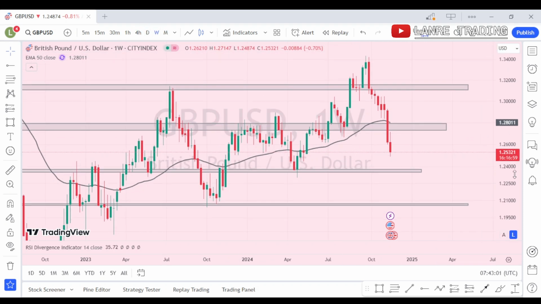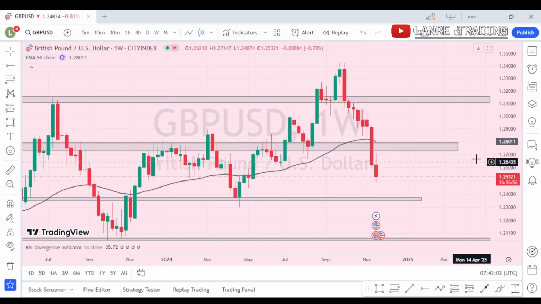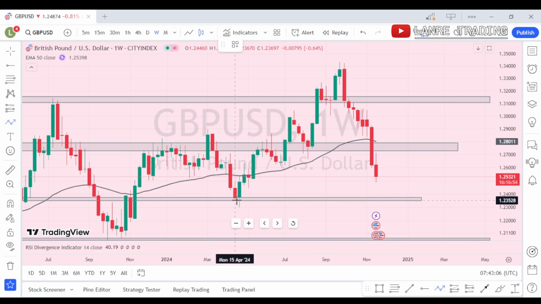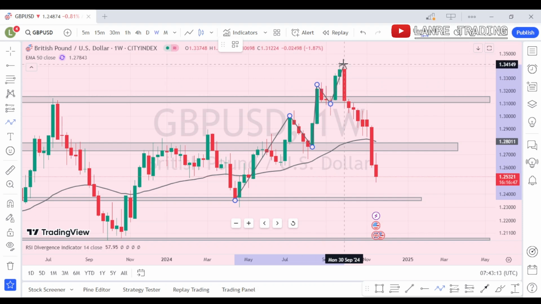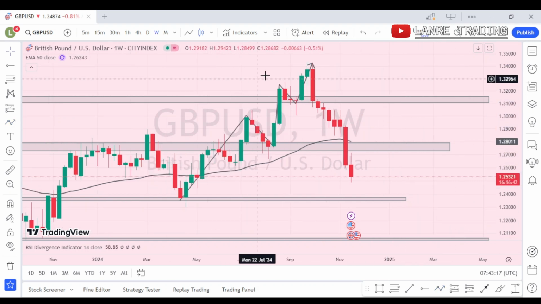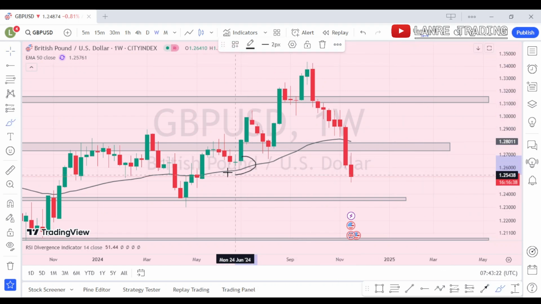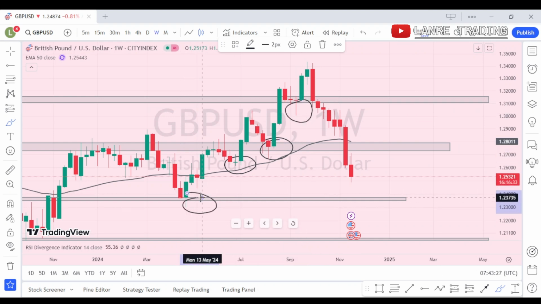Before I proceed to the daily time frame, let me quickly explain something. The basic market structure helps us identify when there is a change in trend. All the structure is not just there; it is meant to help and guide us in our analysis. You see these higher lows, higher lows, higher lows, they are there for a reason.